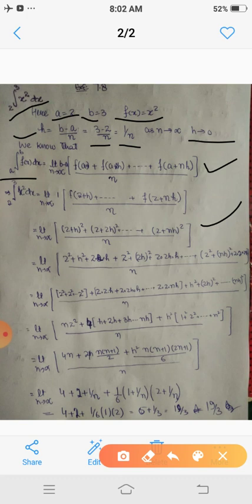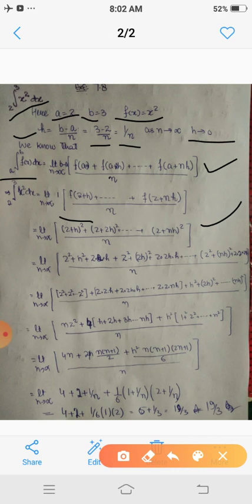Now break these squares. For 2 plus h it is 2 square plus h square plus 2 into 2h. Similarly for 2 plus 2h square, it is 2 square plus 2h square plus 2 into 2 into 2h, and so on to 2 square plus nh square plus 2 into 2 into nh.